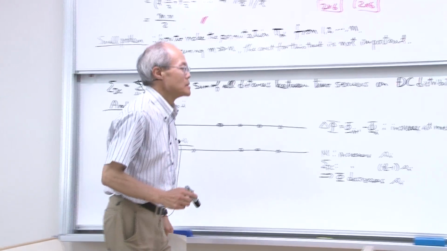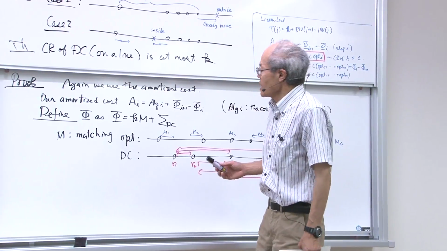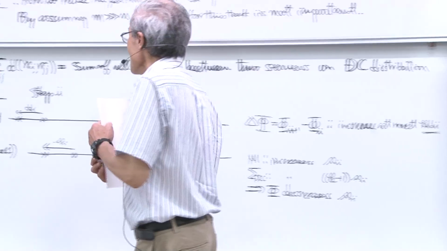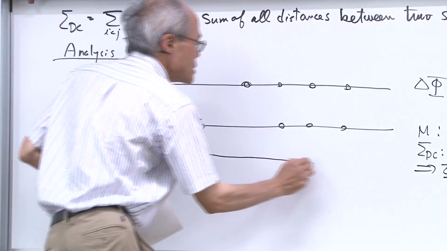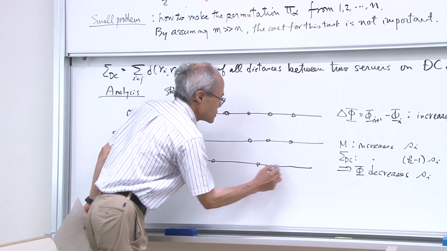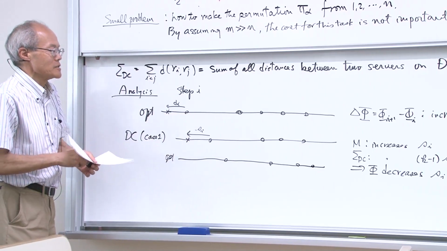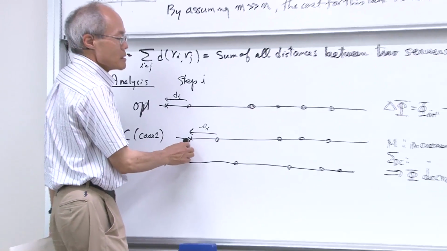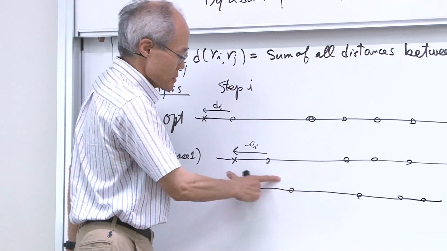In this case, I don't know the distribution, but maybe something like this. Then, if this guy moves here, then m decreases by s_i, because this distance becomes less.